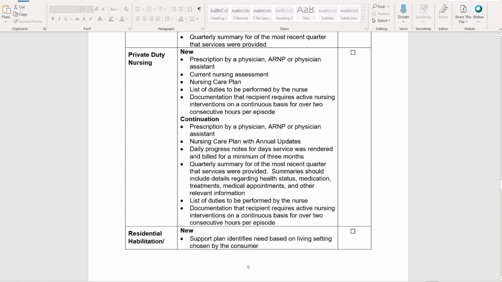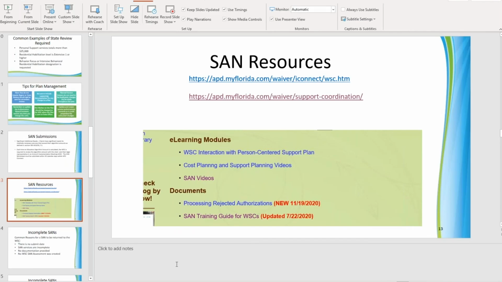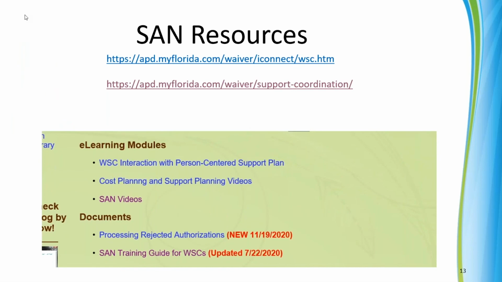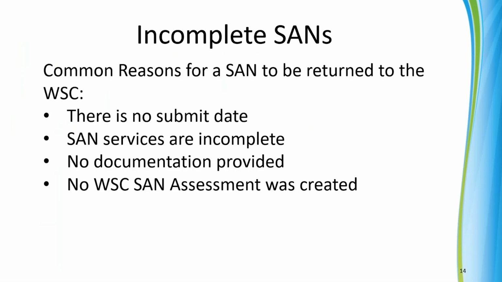Okay, you can go to the next one. Okay, so incomplete SANs. If a SAN is submitted and it's incomplete, then these are the common reasons for SANs to be returned to the support coordinator, and we'll look at these individually as well.